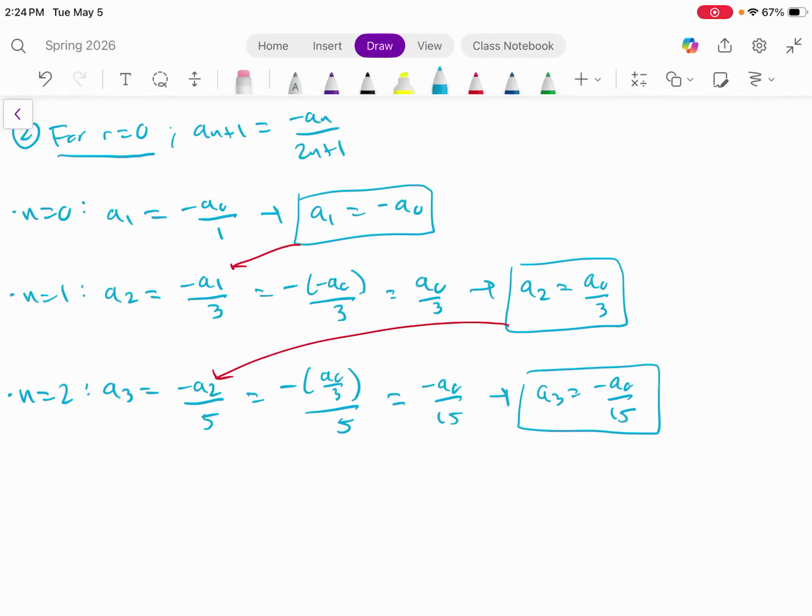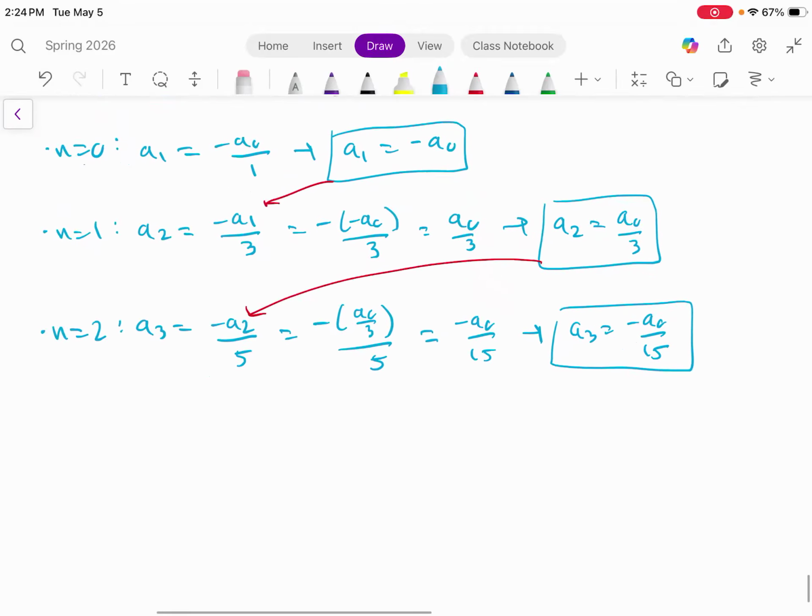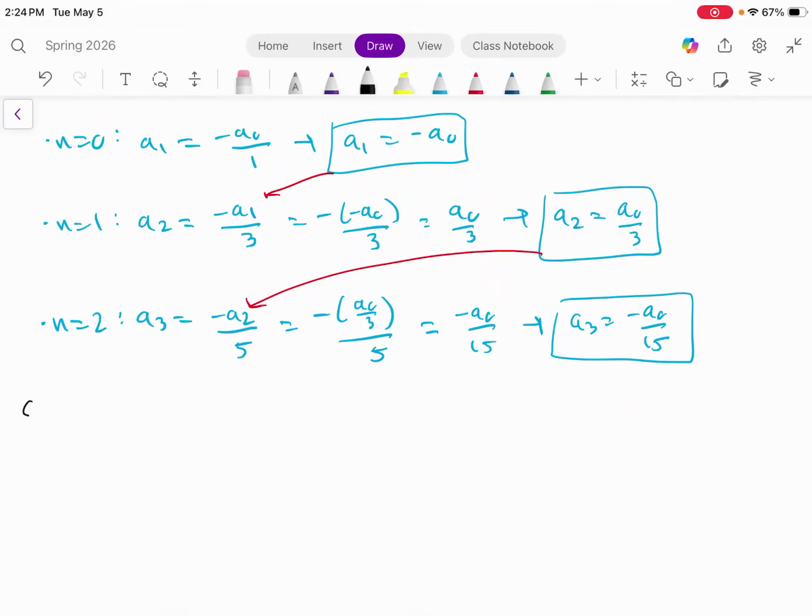Okay, so we basically have found two power series solutions with their respective roots. So our solution here is going to be y equals x to the r times that specific power series.